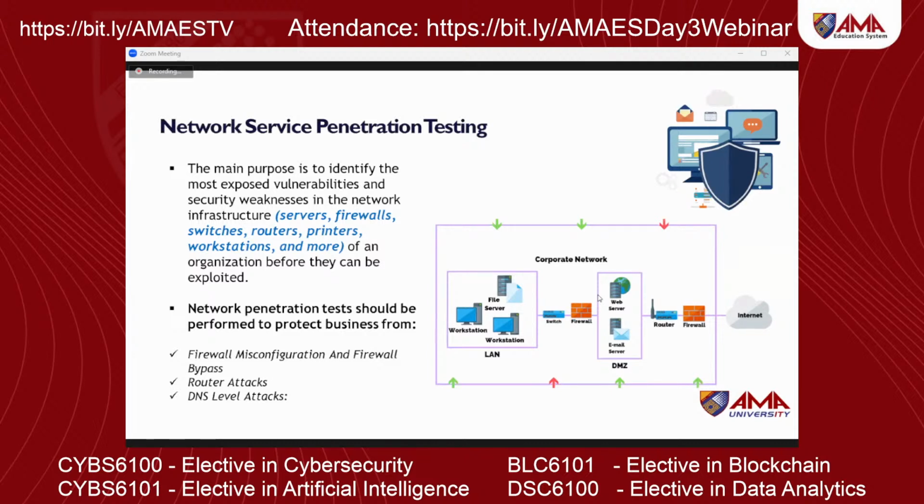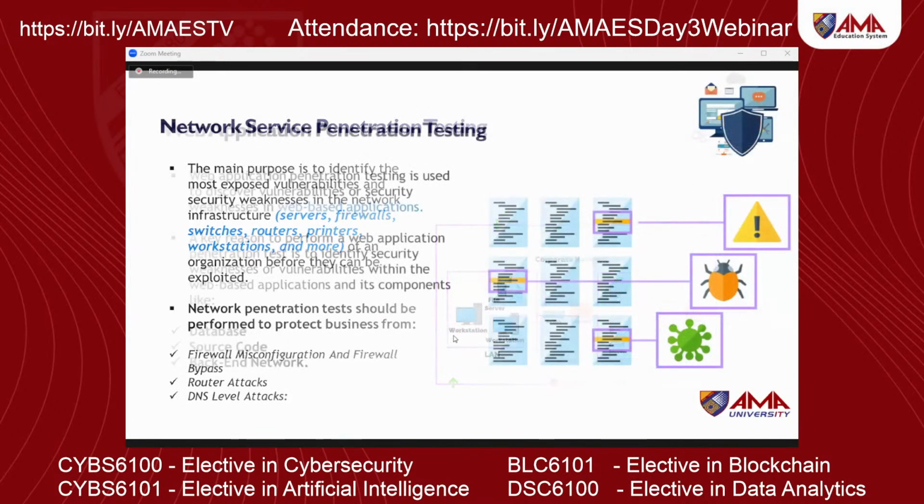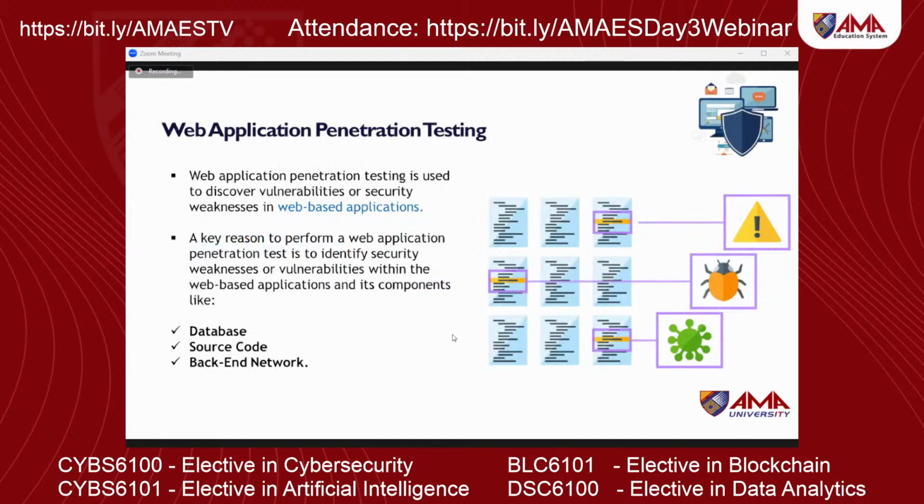So, dinadetermine dito ano yung mga exposed and ano yung mga hidden. Okay? Before they can be exploited. So, ang network penetration test should be performed to protect the business from firewall misconfiguration and firewall bypass, router attacks, and DNS level attacks.